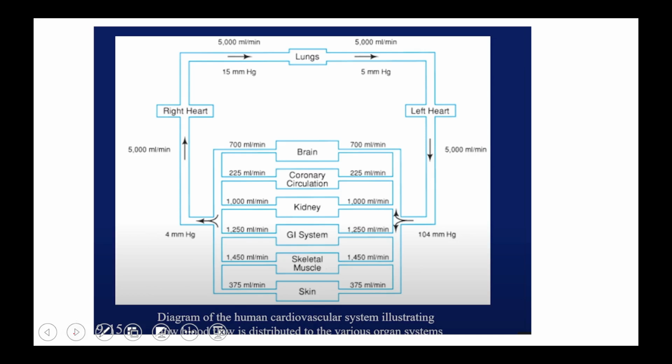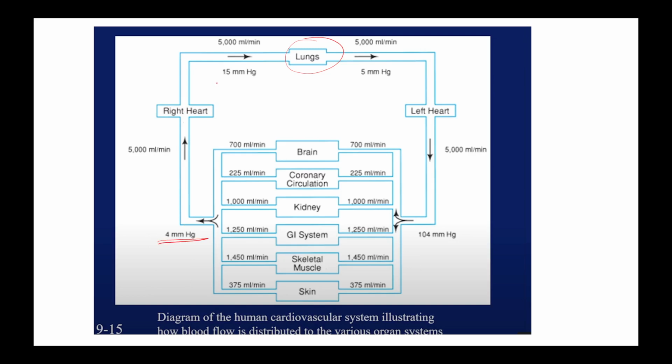This is the image showing the overall blood pressure throughout the body. The blood from the entire body goes with 4 mmHg pressure and reaches the right heart.